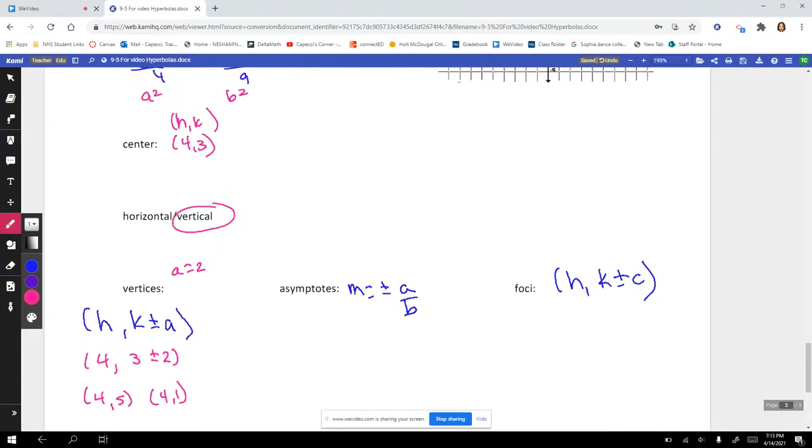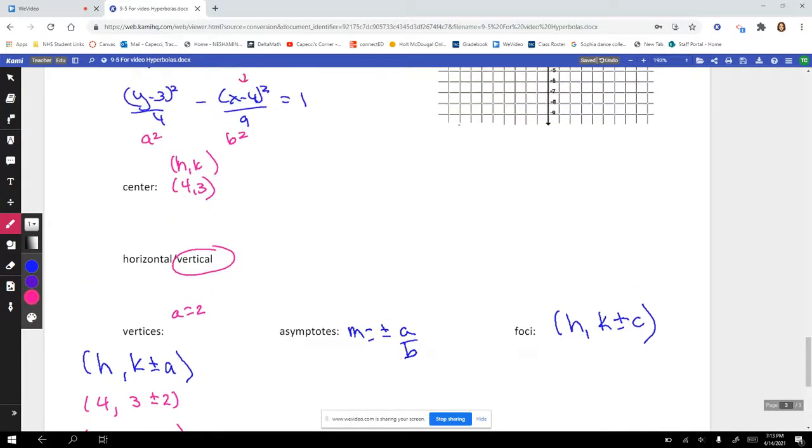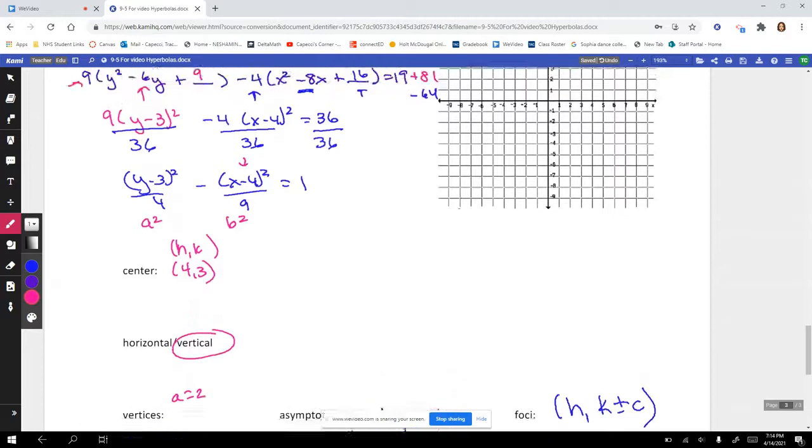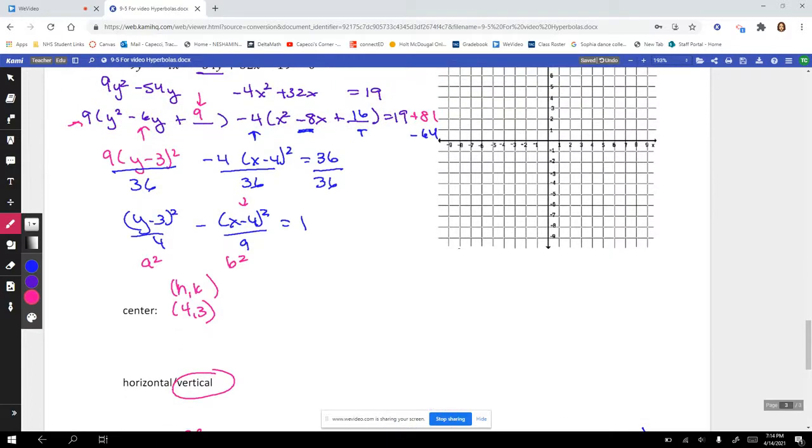Okay, our asymptotes, again, a over b. So my a is 2, right? My b is going to be 3, so we have plus or minus 2/3. Okay, so before we go to foci, let's start to graph that. My center is 4, 3, so we're right there.